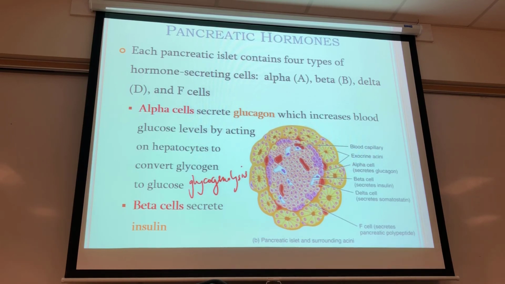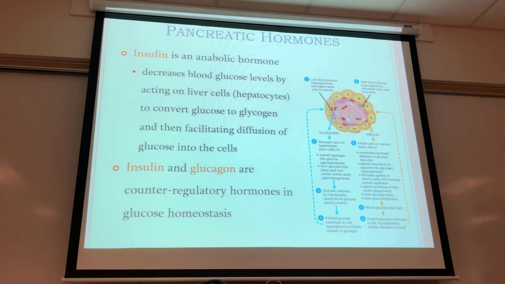Beta cells, on the other hand, are going to produce insulin. And what is insulin going to do? It is going to decrease blood sugar. So it's considered an anabolic hormone because it's turning glucose into glycogen, the polymerized form of glucose. This is going to be called glycogenesis.